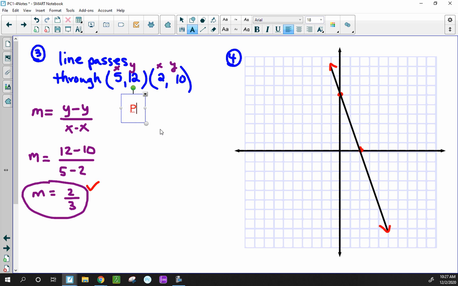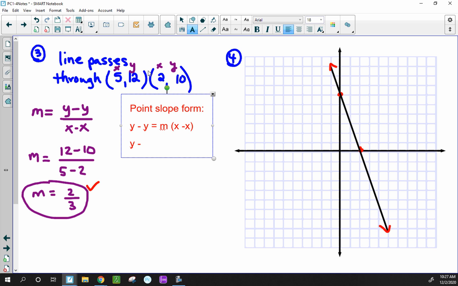Alright, so I'm going to go with point slope. And when you are given 2 points, it does not matter which one you select.